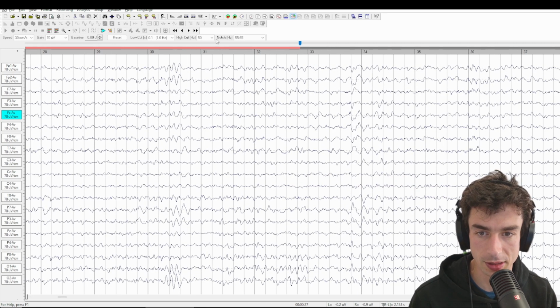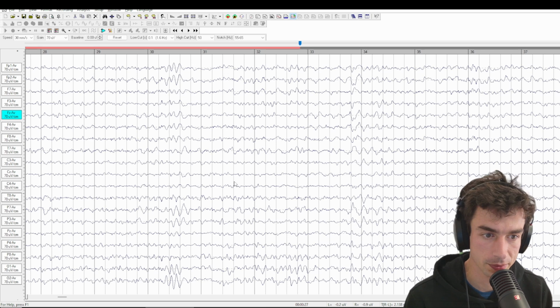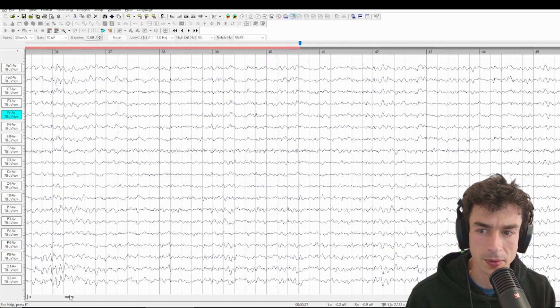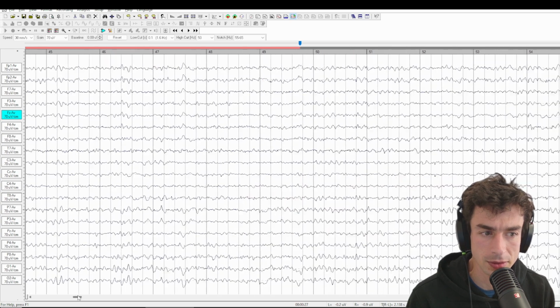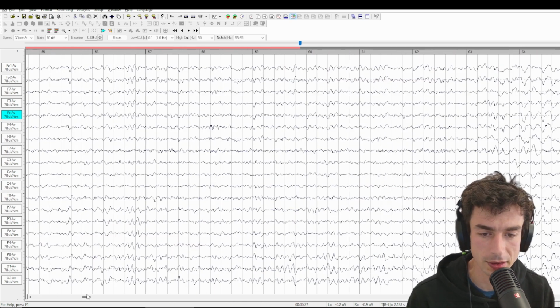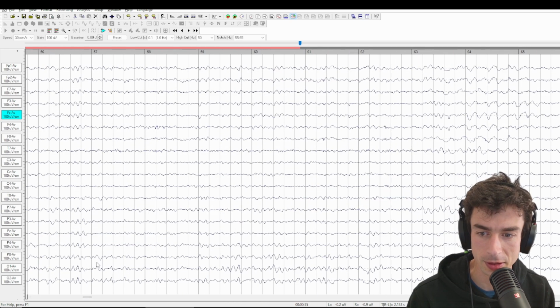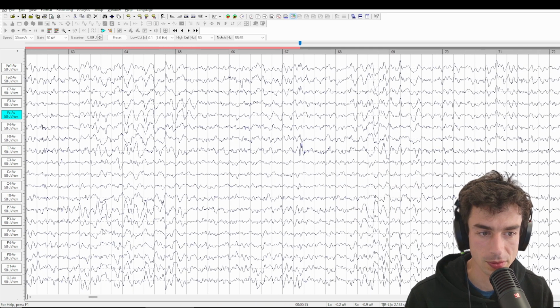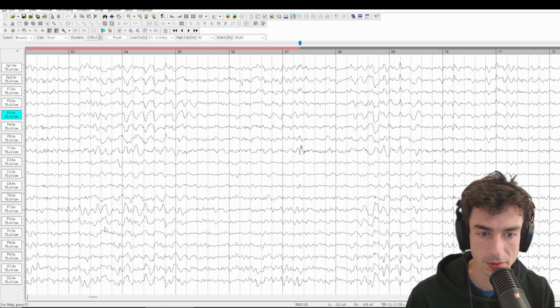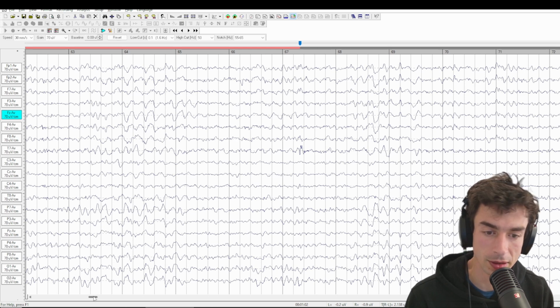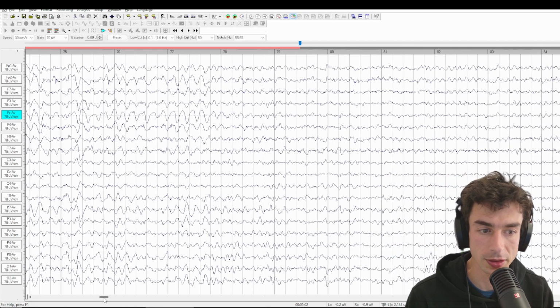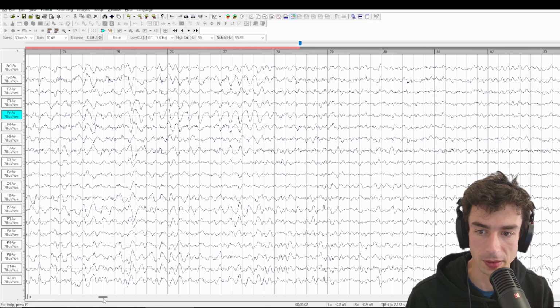It's kind of interesting because we see alpha re-alerting. And we're trying to capture this pattern that we've seen of alpha re-alerting and then alpha dropouts interspliced with these runs of frontal midline theta.